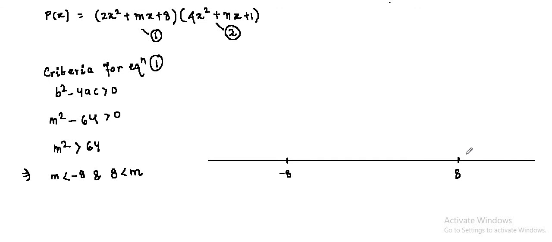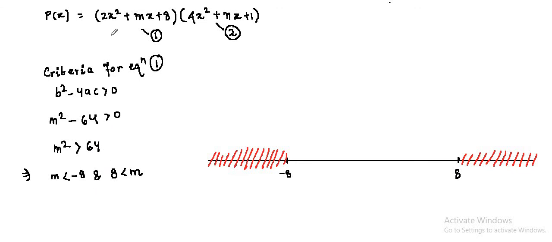So for these values, equation 1 will have real and distinct roots. Moving on, m is less than −8. When you take values such as −9, −10, −11, these will also satisfy the criteria that m² is greater than 64.